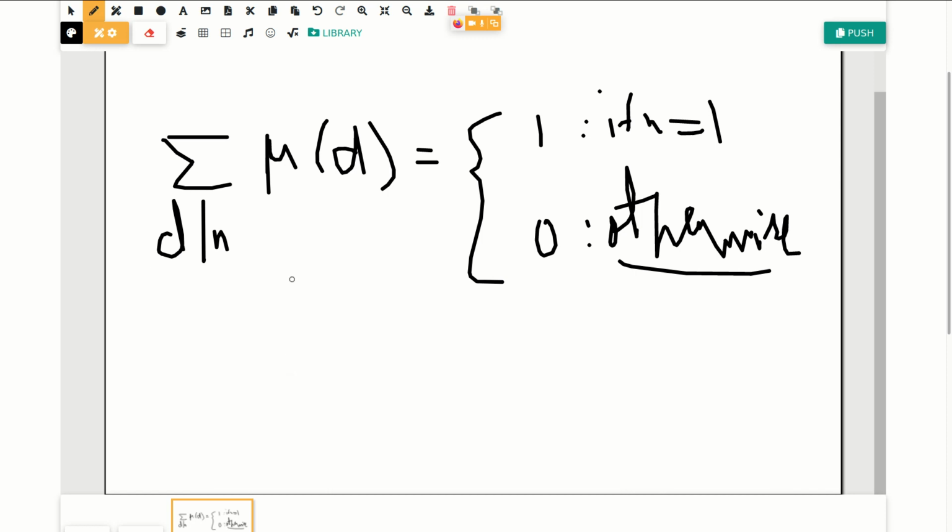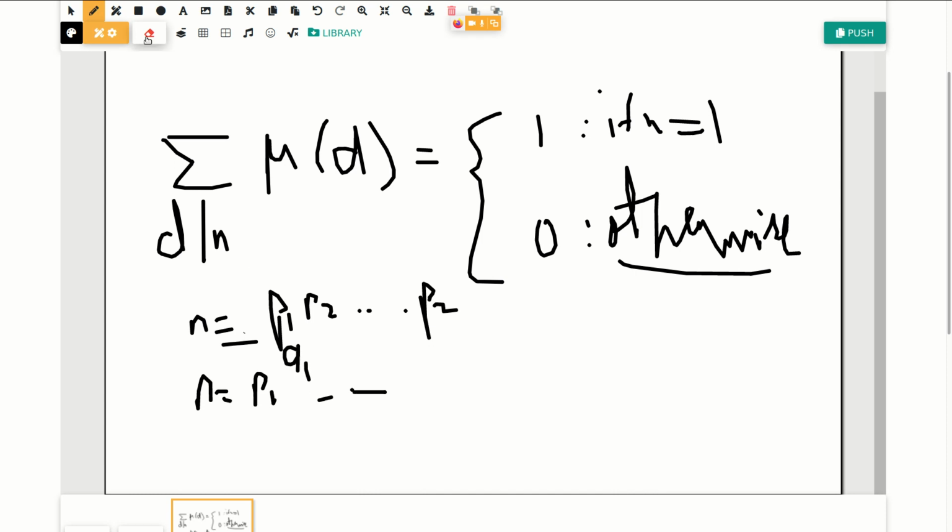For developing an intuition of how this happens, for any number n, you would not consider any of the powers which are greater than 1. So calculating the sum of mu values for n is equivalent to calculating it for the product of the primes dividing it, so n equals p1, p2, and so on till pk, if n was of the form p1 to the power a1 and so on.